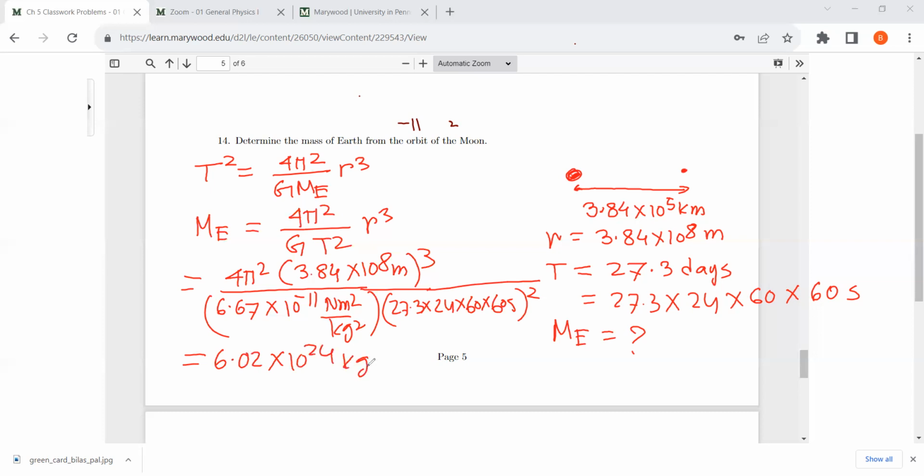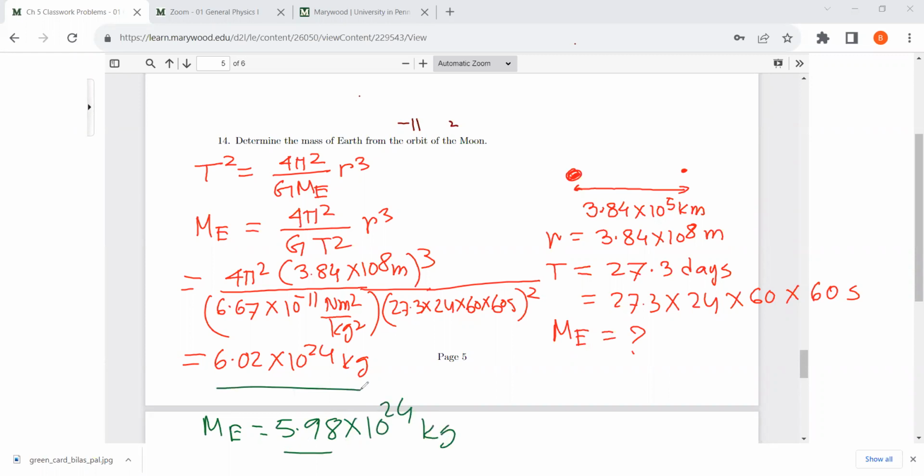Although we used this information, what we get is very close to the real mass of the earth. If you remember, in many problems we use this number for the mass of earth, 5.98 times 10 to the power 24 kilogram.